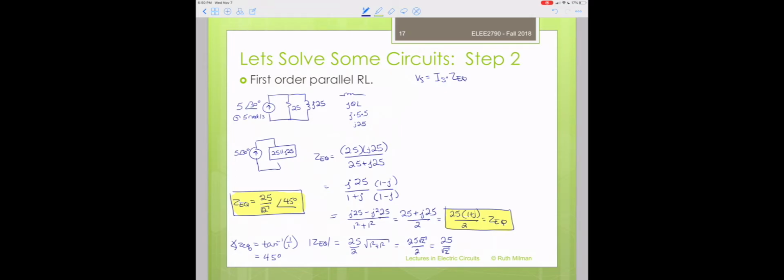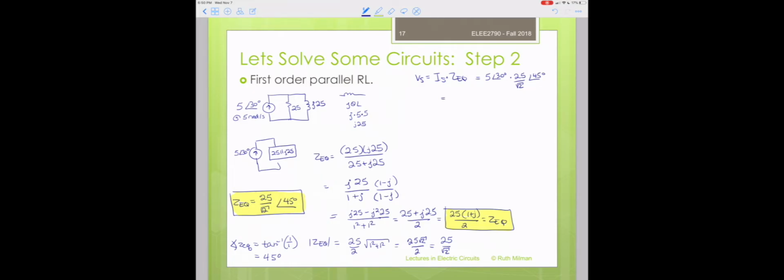Now the reason that we converted ZEQ into polar format was because this is much easier to calculate that way. So we're starting off with 5 at an angle of 30, and we're multiplying that by 25 over root 2 at an angle of 45 degrees. That's fairly straightforward.